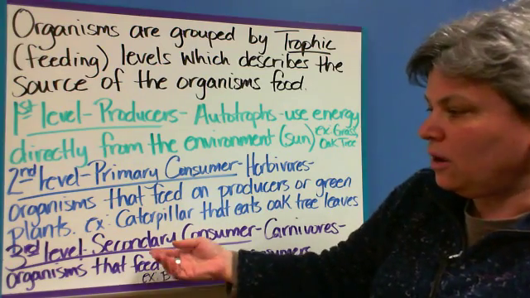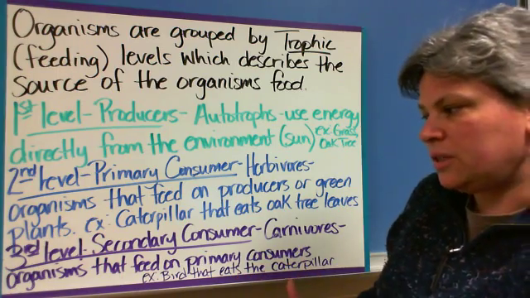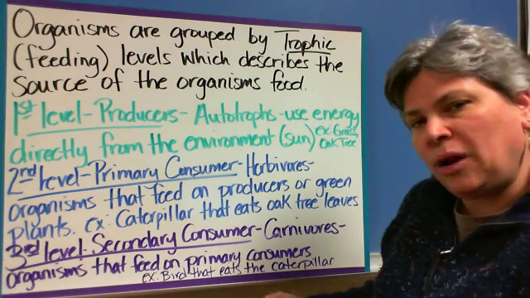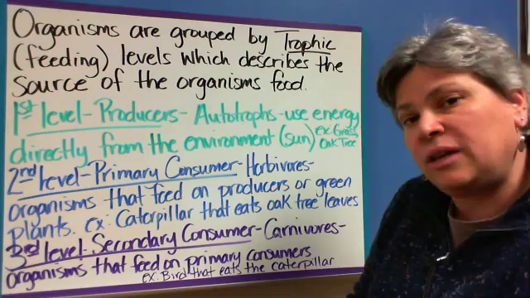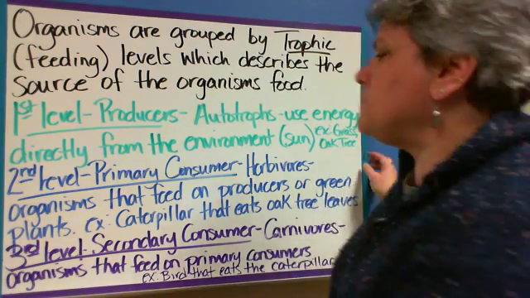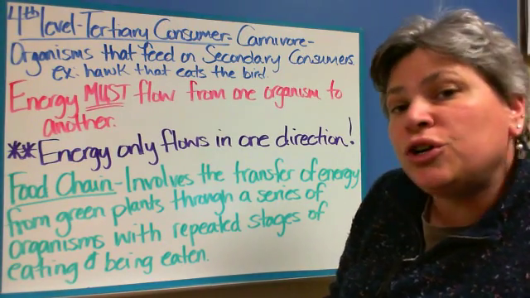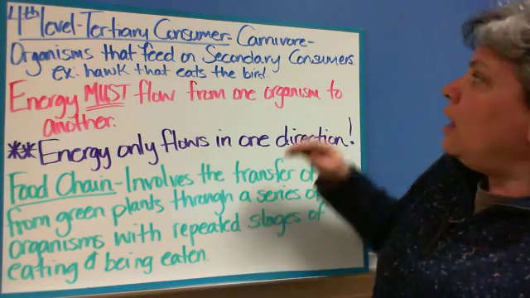Our third level is what we're going to call secondary consumers. They're the carnivores. They're organisms that feed on primary consumers. For example, the bird that eats the caterpillar that was eating the oak tree leaves. And that takes us to our fourth level, or tertiary consumers.